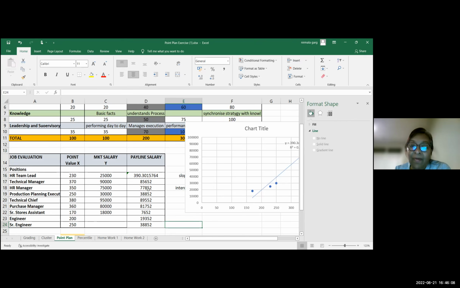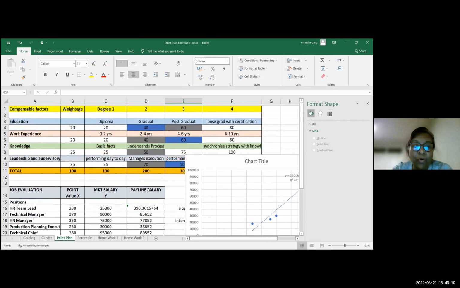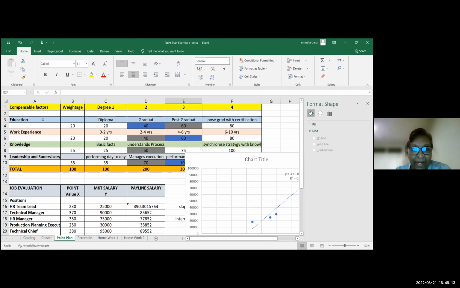Guys, you have actually done this. I don't want you to rework your compensable factors. All of you have done 4 compensable factors. Don't rework. Now you have to change those grades into just 1, 2, 3, 4 only. Write degree so that you learn that there's a difference between grade and degree. So write degree 1, 2, 3, 4.